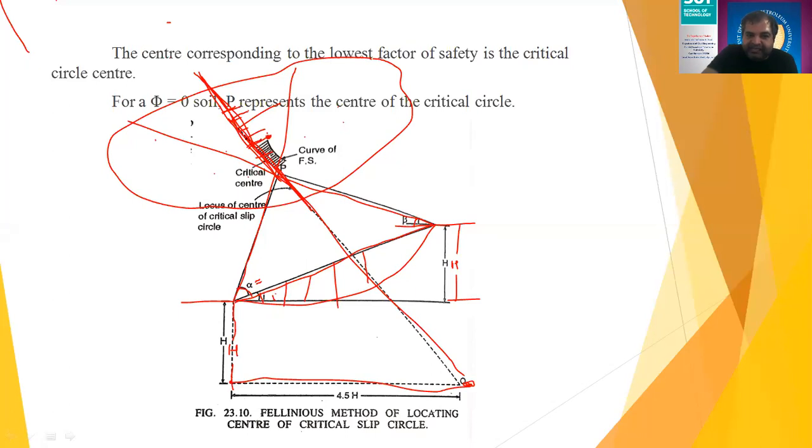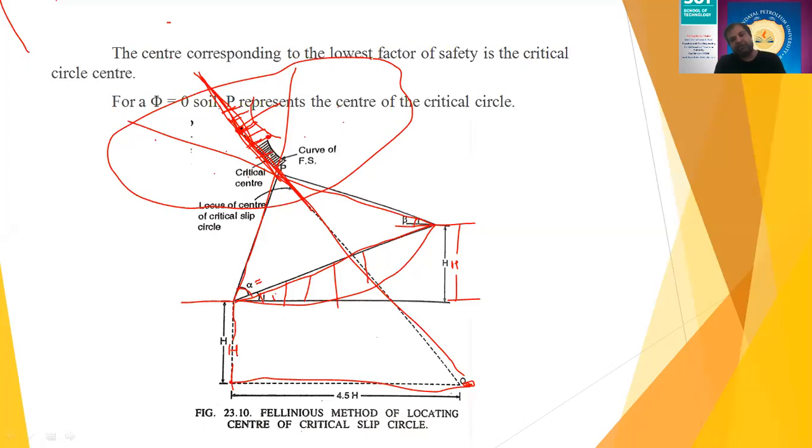In the same way for the second center, third center, fourth center, I will find the factor of safety and draw a smooth curve. The center corresponding to the minimum factor of safety will be your critical center for this particular slope. So for that, you need to take a number of trials. So you have reduced the number of trials to a significant number, right?